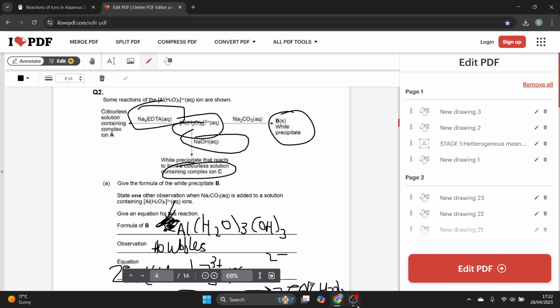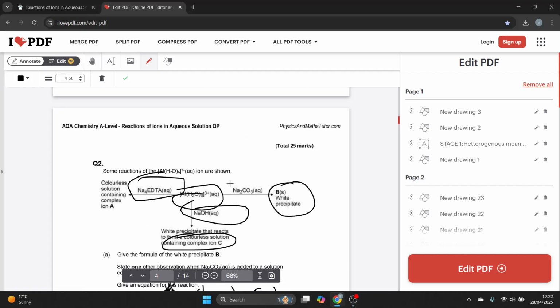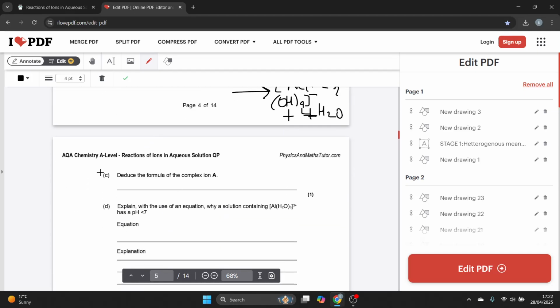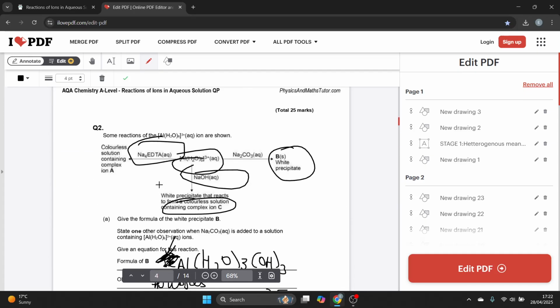So in some cases in the exam, they'll give you, and this is only sometimes, because all of these are equations you have to memorize, but only here, it's a bit weird. You have to apply it. Well, EDTA, you should know is a ligand, and it's also a big ligand. So when [Al(H2O)6]3+ reacts with a big ligand, like Cl-, let me show you guys what happens.